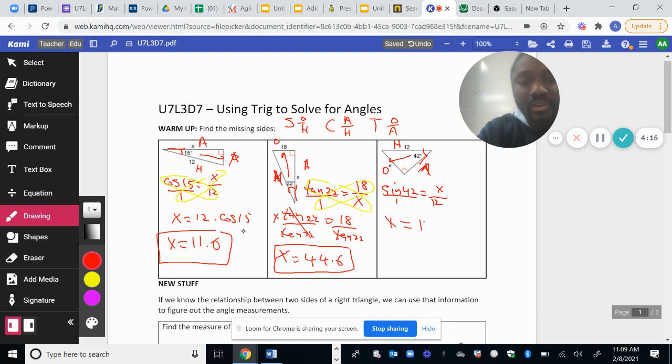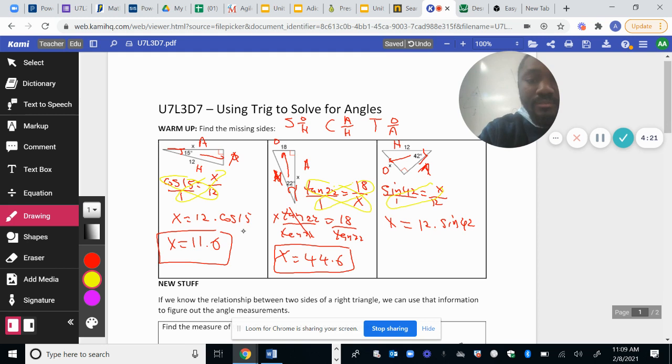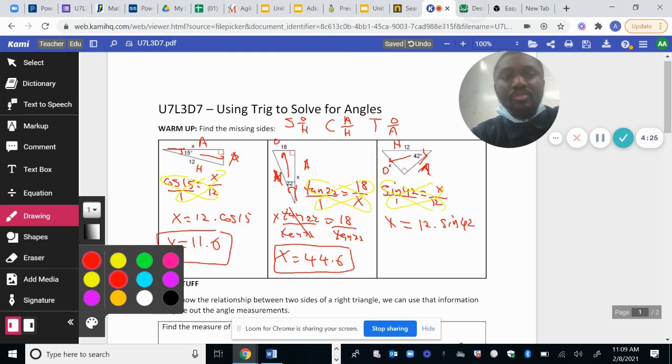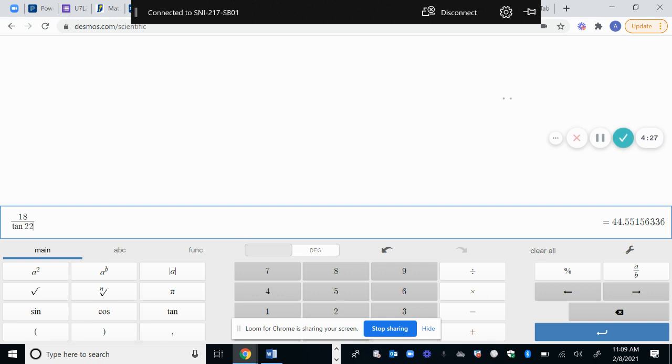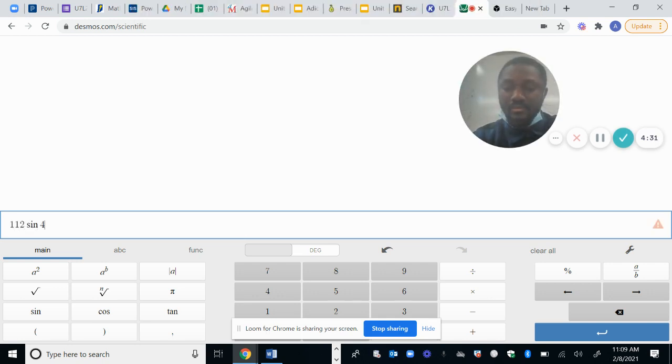And then 12 times sine 42, by cross multiplication, class. Let me go back to the calculator. It gives me 74.94, so let me say 74.9.